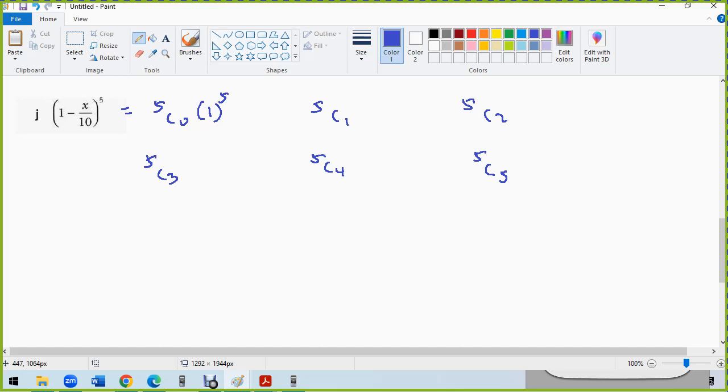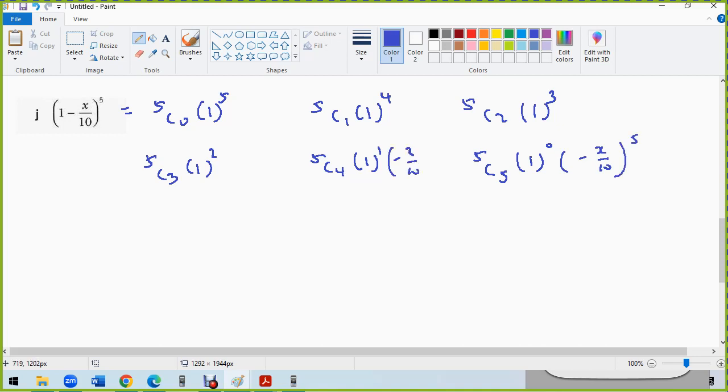Then 1 to the power of 5, 1 to the power of 4, 1 to the power of 3, 1 to the power of 2, 1 to the power of 1, 1 to the power of 0, negative x over 10 to the power of 5, negative x over 10 to the power of 4, negative x over 10 power 3, negative x over 10 power 2, negative x over 10 power 1, and negative x over 10 power 0.